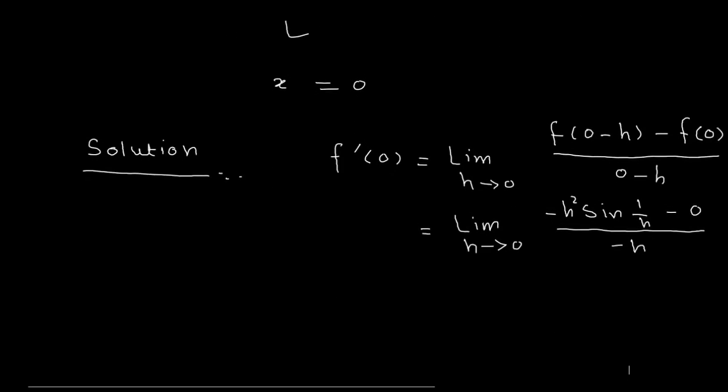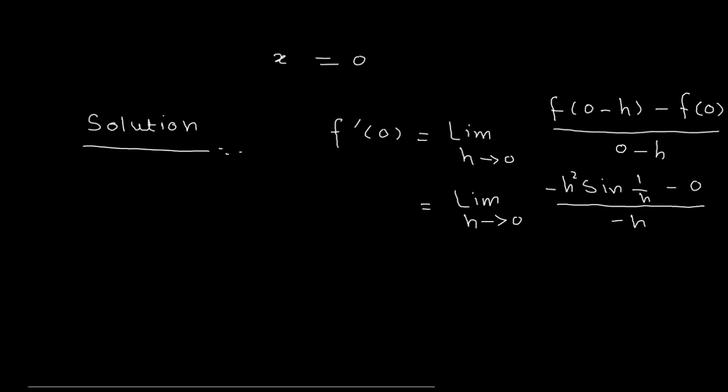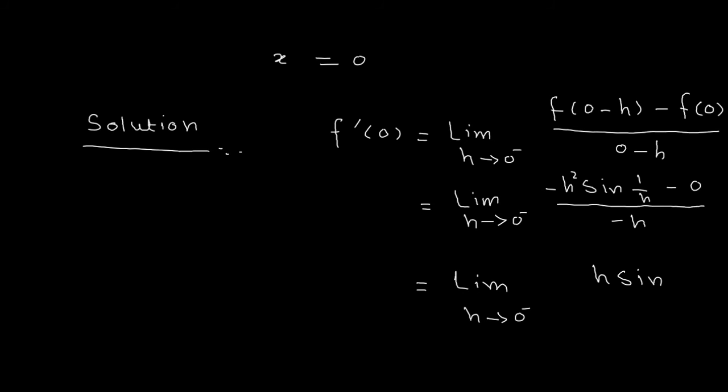After simplifying, this will be equal to the limit as h approaches 0 minus, remember that we are finding the left limit, of h sine of 1 over h, and after applying the limit, we will get 0.